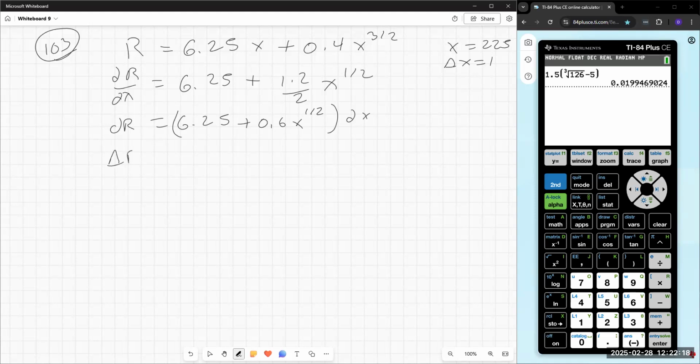So delta R is just about 6.25 plus 0.6 times the square root of x times delta x.